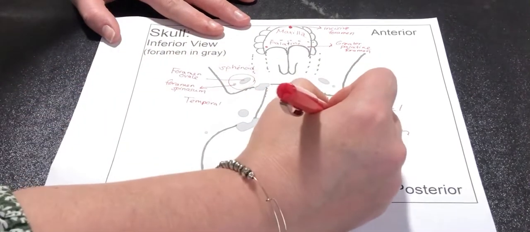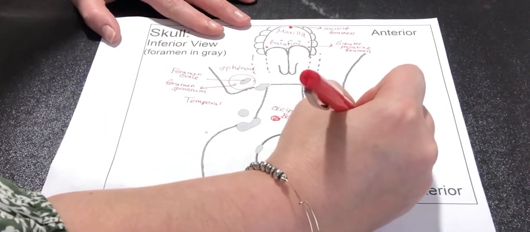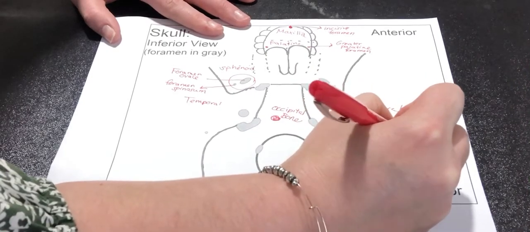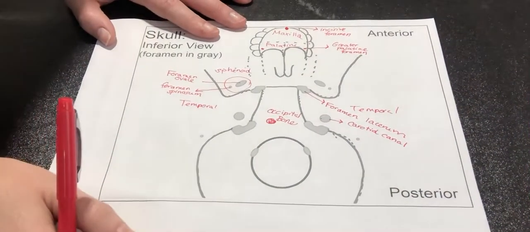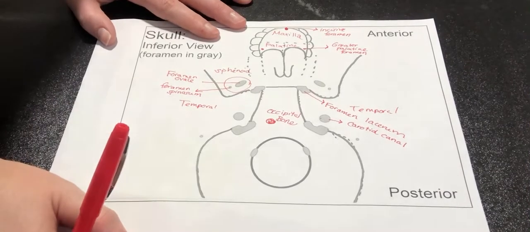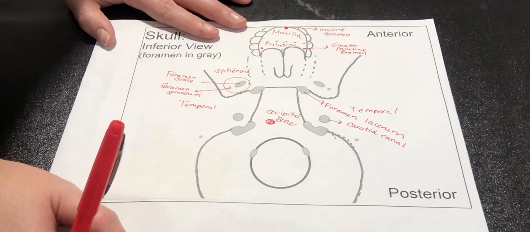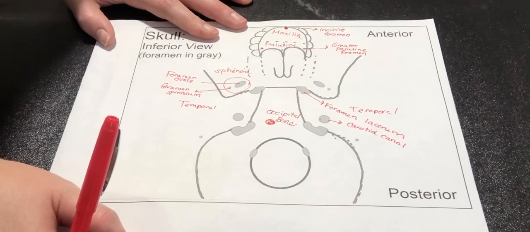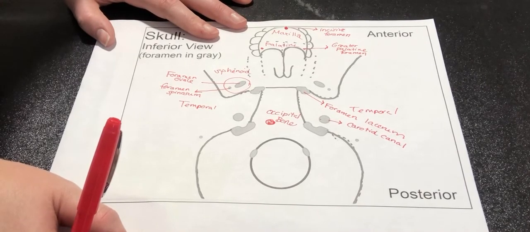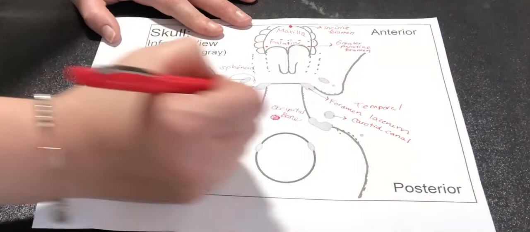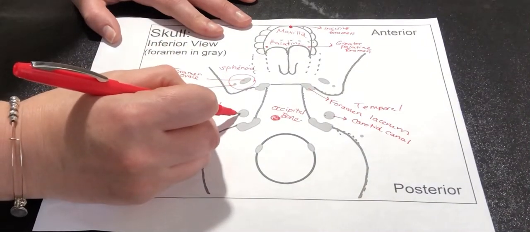So this is our carotid canal. Looks like a circle from the inferior view. Now the carotid canal is what it says. It's a bony canal, or a bony tunnel, that heads through our temporal bone, particularly the petrous ridge, and carries our internal carotid artery towards our brain. So there it is on the left and the right side.